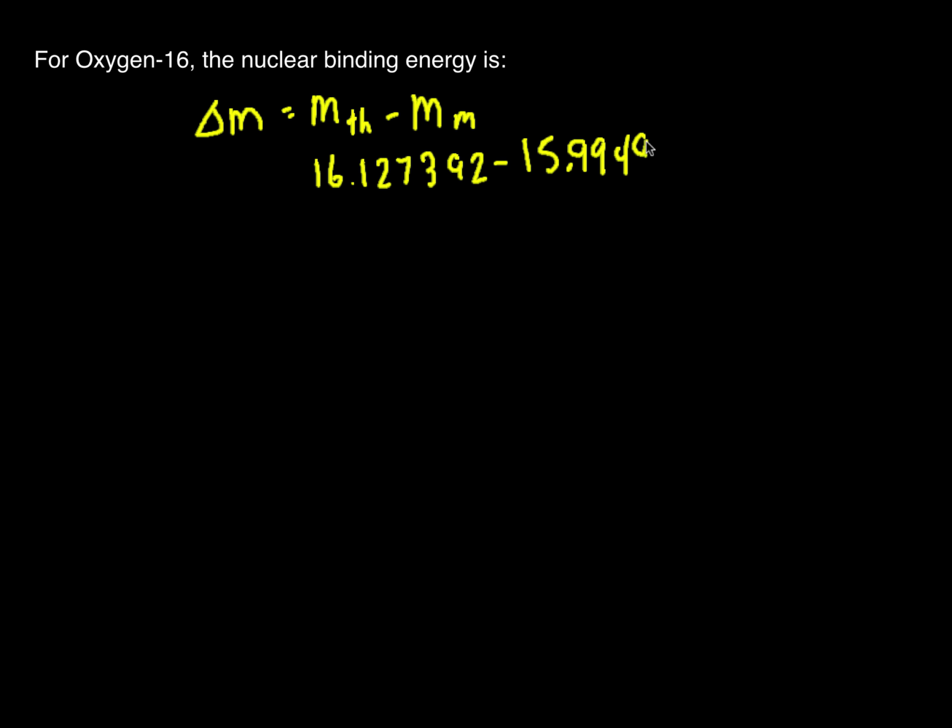The mass defect for oxygen 16 is the theoretical mass minus the measured mass. For oxygen 16, this is 16.127392 minus 15.99491463.